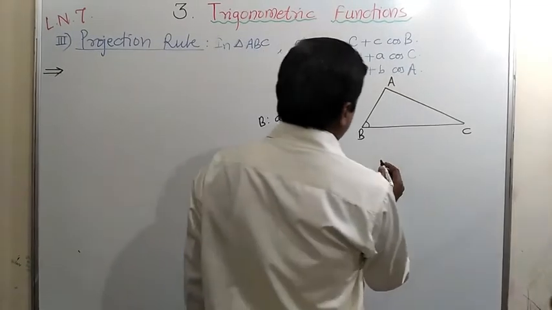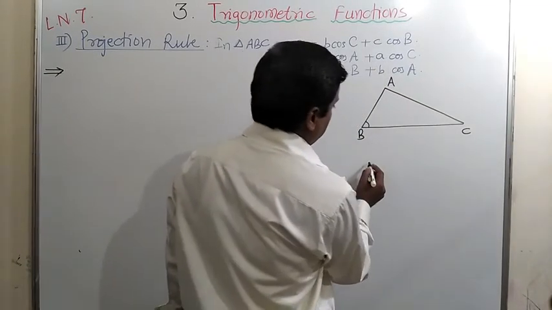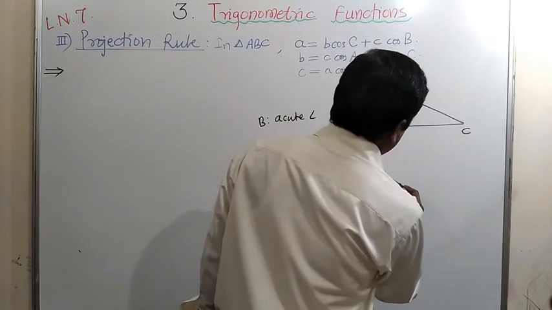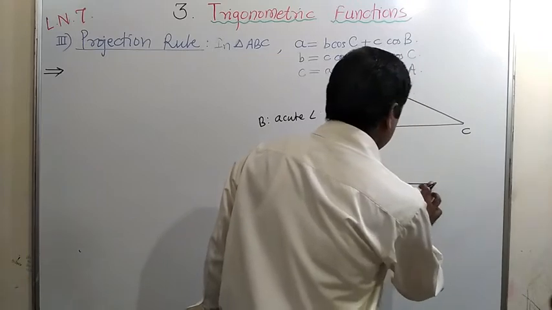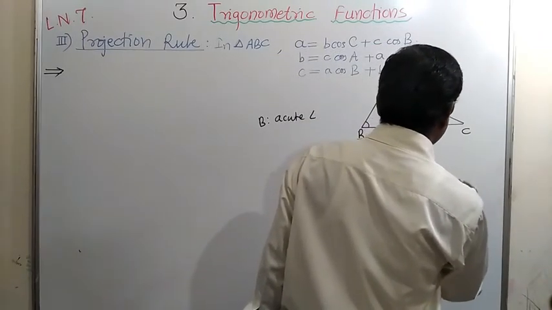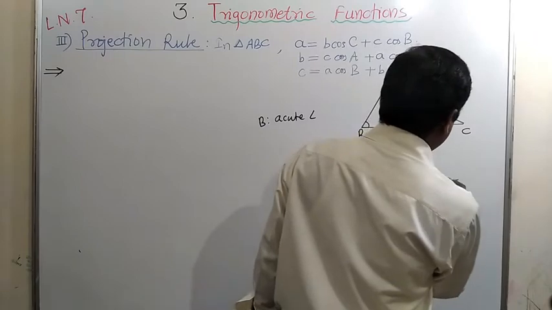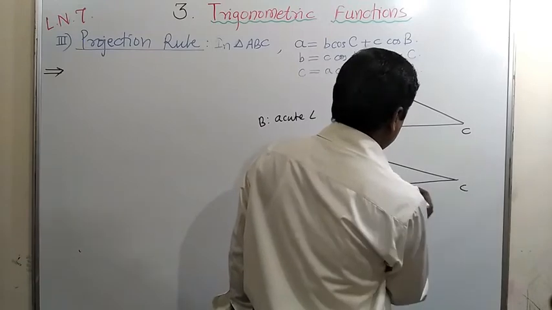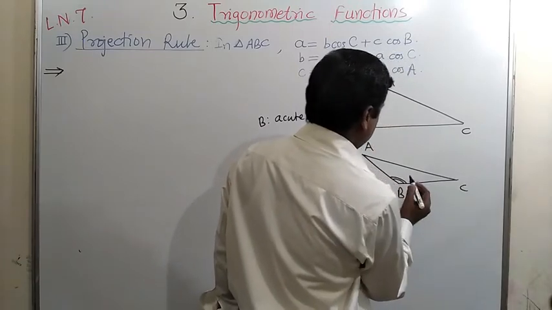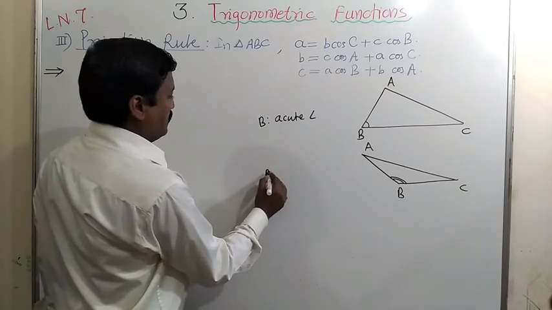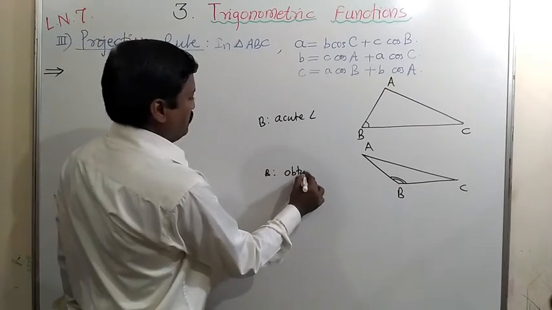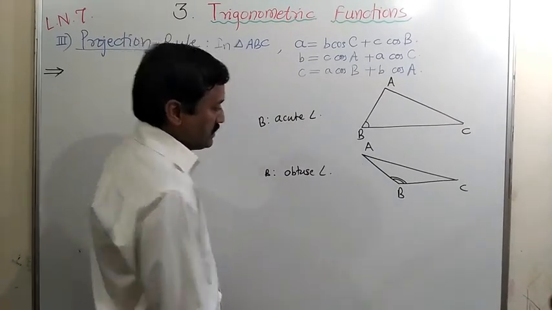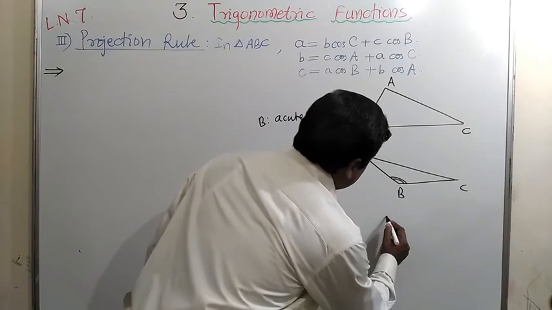Then in the second case we will consider angle B as an obtuse angle. So the triangle will be like this. Here B is obtuse. And in the third case we will consider B as a right angle.